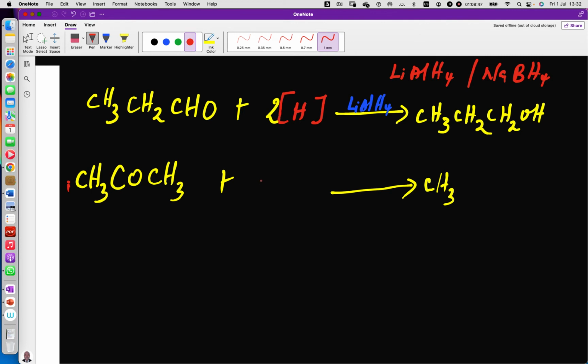hydrogen is required. How many hydrogens are required? The hydrogen required will be here. That will be CH, there is hydrogen here and OH here, then CH3.